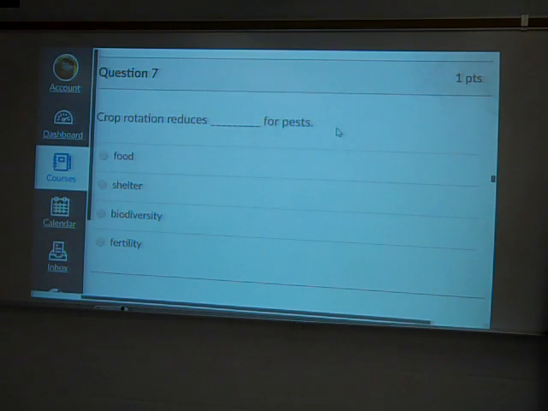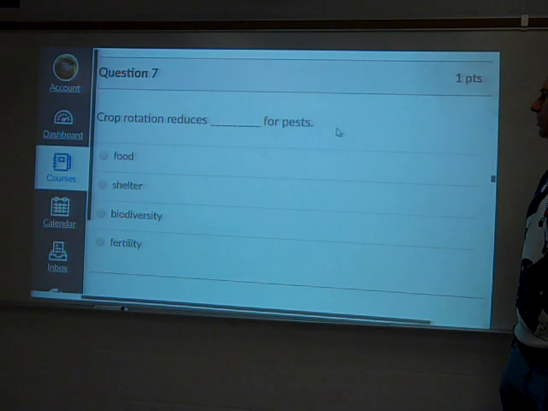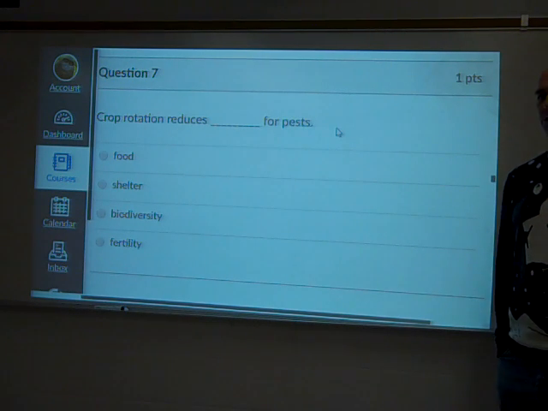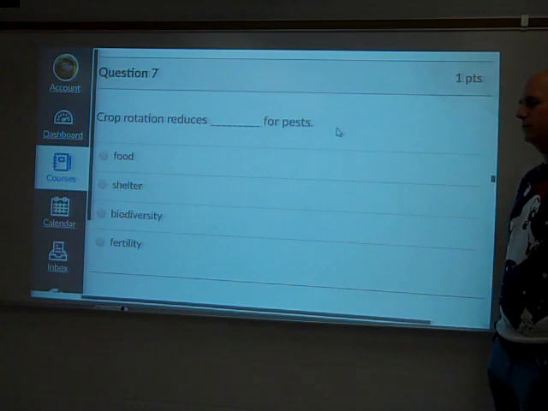So if you then plant tomatoes the next year, what do you think those potato beetles are going to do? Go away. They're going to move or die or whatever else, and they're not going to have their food supply anymore. Most pests are pretty crop specific. That's why for almost every crop you have a particular insect that's named after it because it eats it a lot, like your potato beetles. And therefore, if you rotate your crops, if you use a different crop the next year, not only is that good for the soil, but also can reduce pests by reducing their food supply.